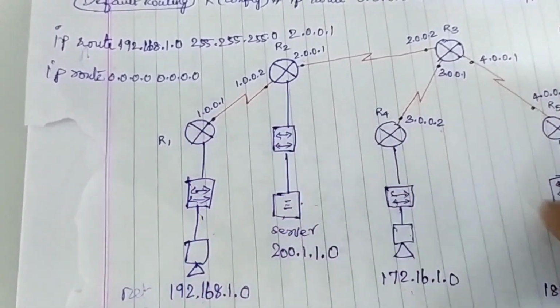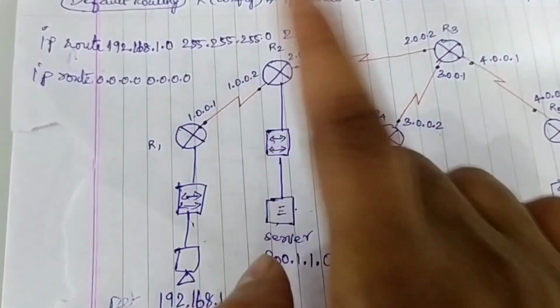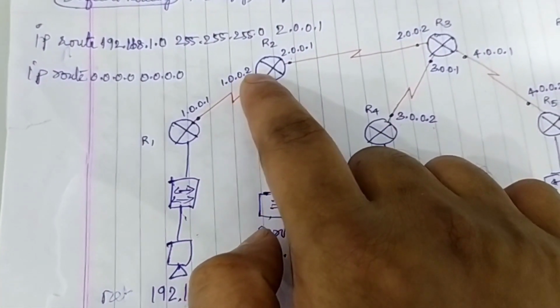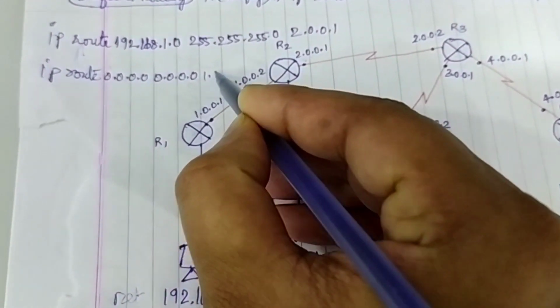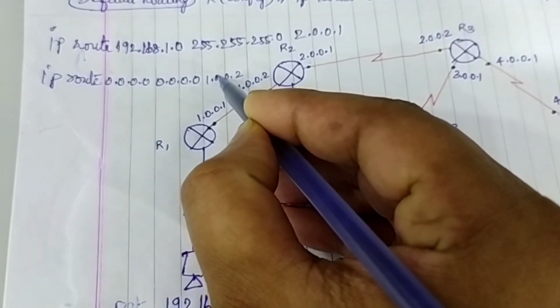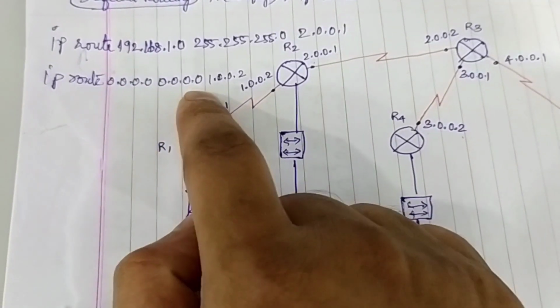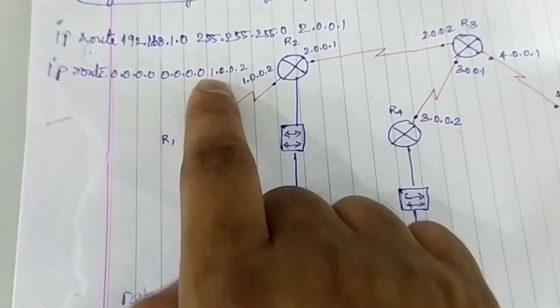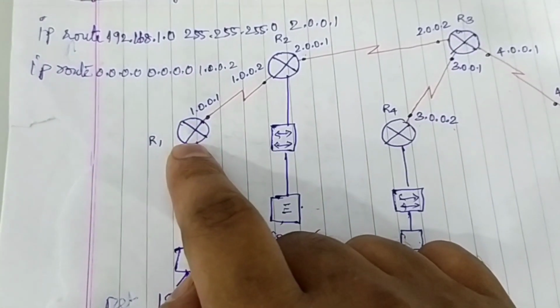Only one, which means the next hop for R1 has only one possibility, that is 1.0.0.2. So that you have to write here, 1.0.0.2. Okay. That's it. This one line command is enough for default routing on R1.